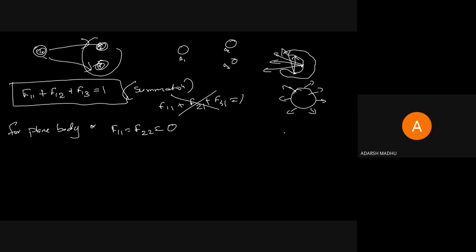Take a cylinder as an example. The two ends are flat circular surfaces. Taking them as body 1, body 2, and the curved surface as body 3, there is no radiation from a body to itself in any of the three cases.